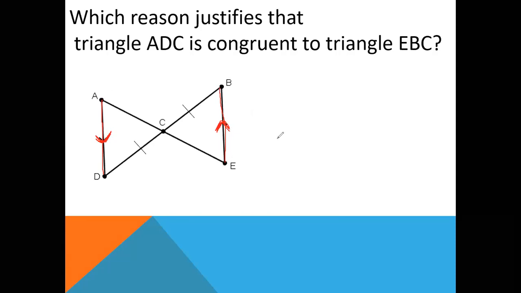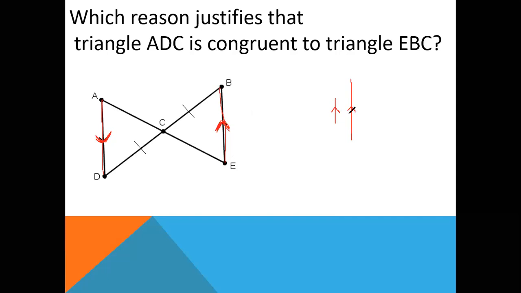It has nothing to do with their length. For instance, these two lines I just drew are parallel, but they are not congruent. So parallel does not mean that they have a congruent length, okay? You have to be really careful with that.